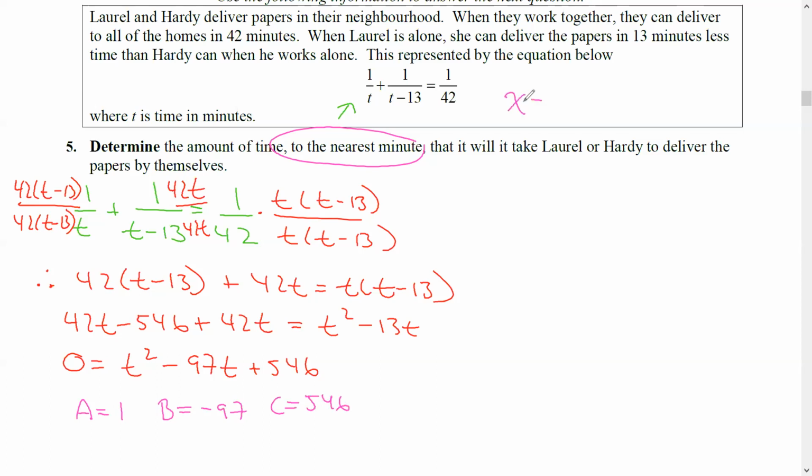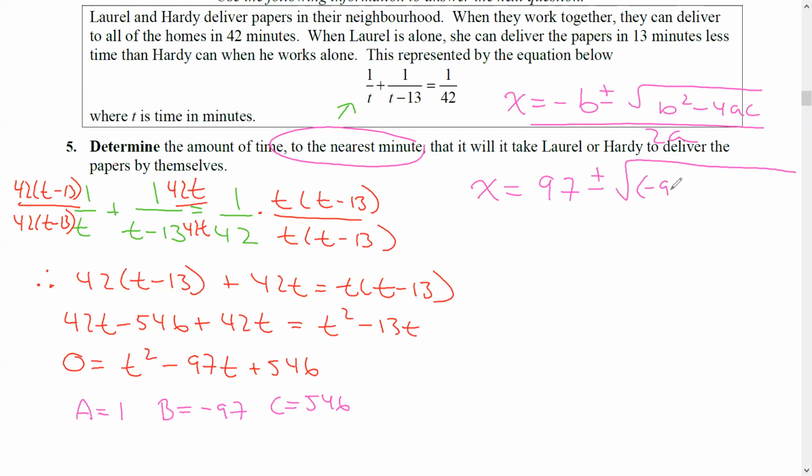Now I apologize, I'm running out of room, so I'm going to write my quadratic formula off here, like that. Okay, so negative b, so negative and a negative make it a positive. Again, I'm going to always put my b term in parentheses because if I'm just ramming that straight in my calculator, when your calculator squares it, it will think that something squared is a negative, and we know something squared is always going to be a positive.